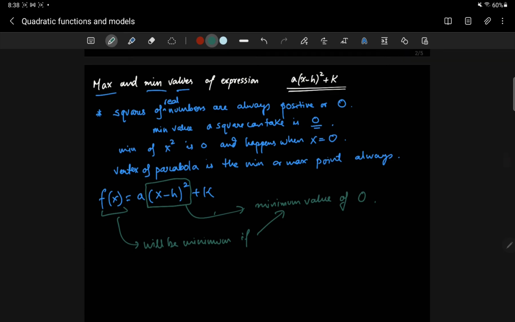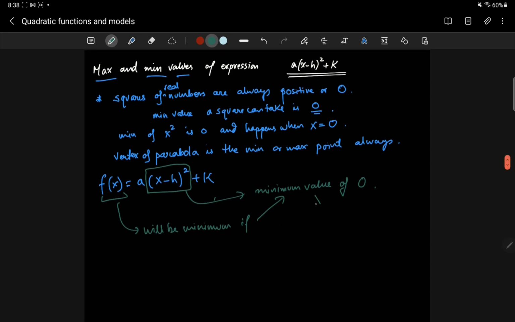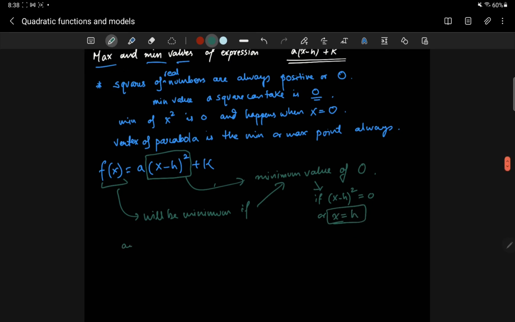And when does that happen? This happens if x minus h squared is 0, or if x equals h. And when x equals h, f of x equals k. So the minimum value is k and occurs at x equals h.